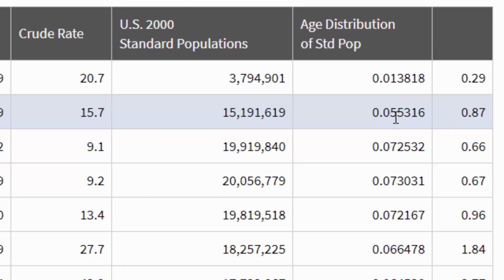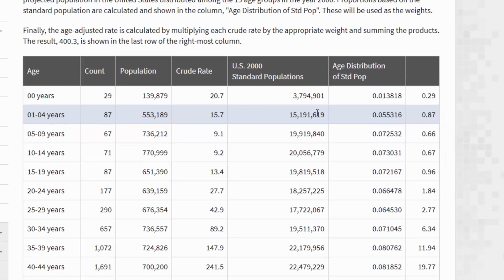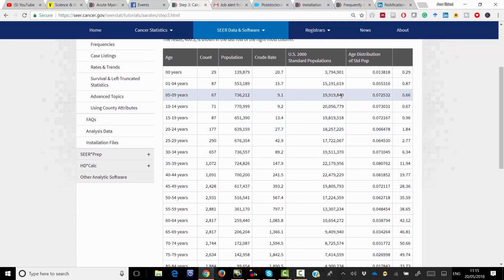After getting this new age-weighted distribution, all we have to do is multiply it by the crude rate to get the new age-adjusted incidence rate. And you can repeat this in all the other age groups.